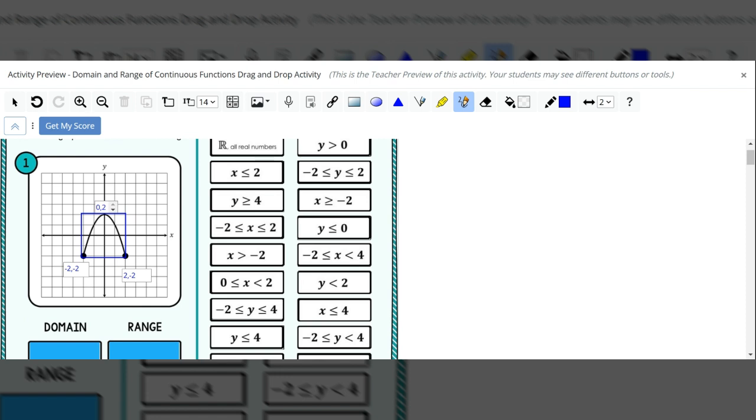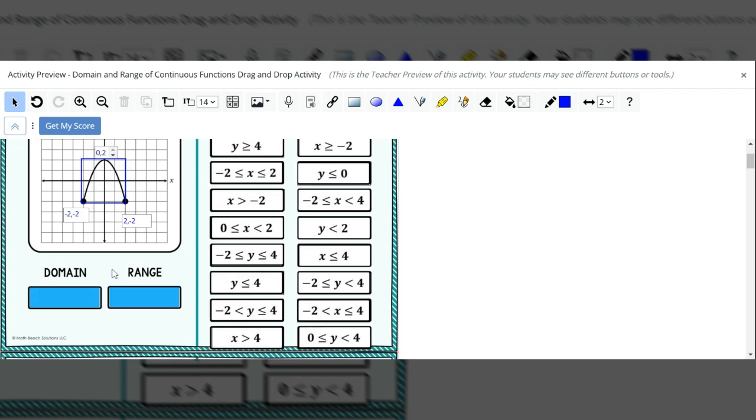So my numbers are these numbers here, negative 2 to 2 in x. So I'm going to write from negative 2 to 2 in x, because that's the distance. That's my domain. So this is going to be my answer: from negative 2 until 2.